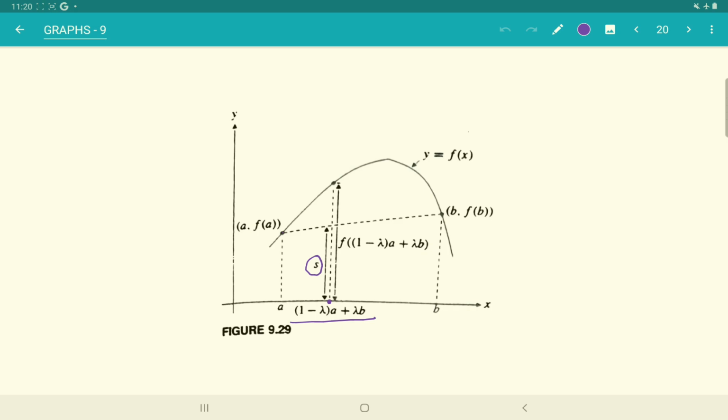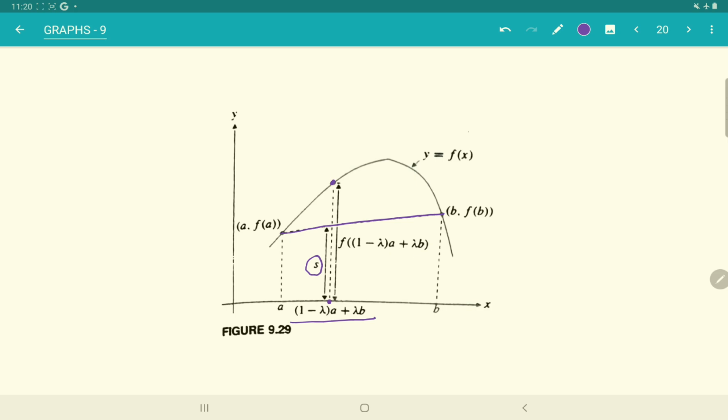If I take a look at this line, we know what s is, and corresponding to the expression 1 minus lambda a plus lambda b, the function value is f of 1 minus lambda a plus lambda b.